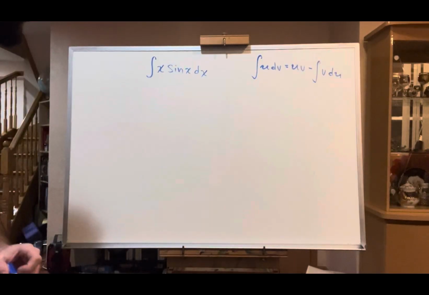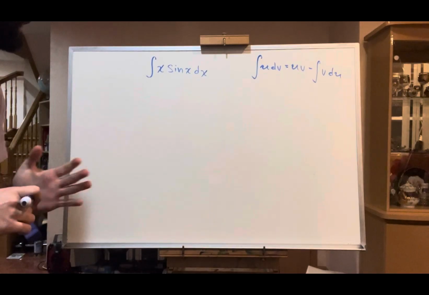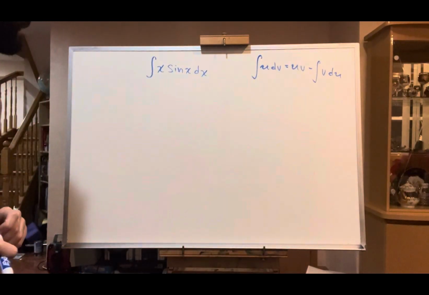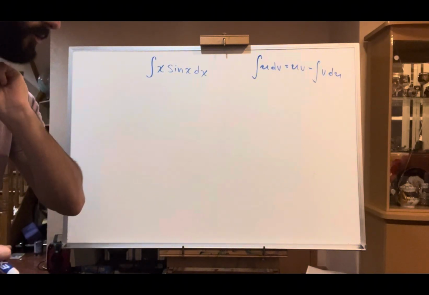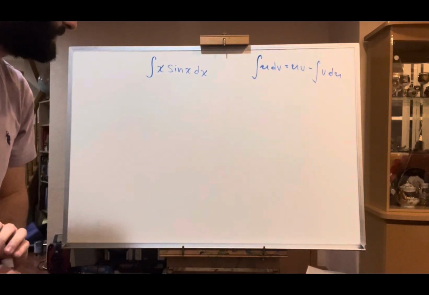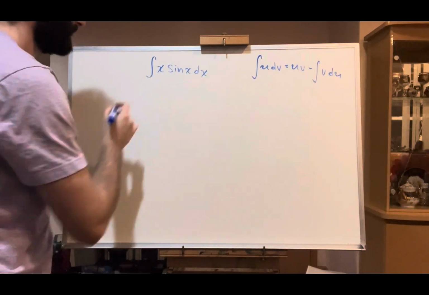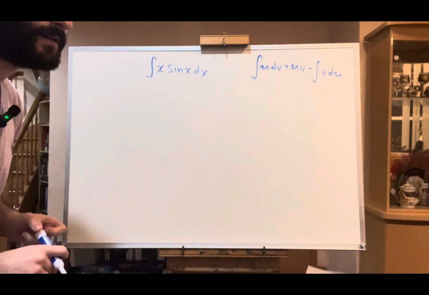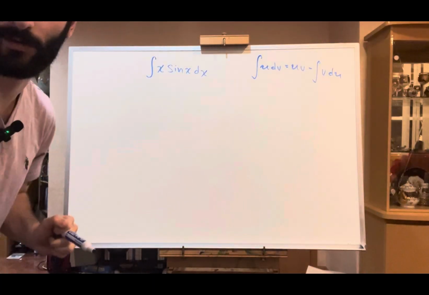Okay, so we'll start things off with a simple integral of x sine of x dx. And how we were taught initially using this formula is that we have to pick what function is going to be our u and what function is going to act as our dv. So the way we were told is we set our u equal to the function which preferably differentiates to 0 over and over again.